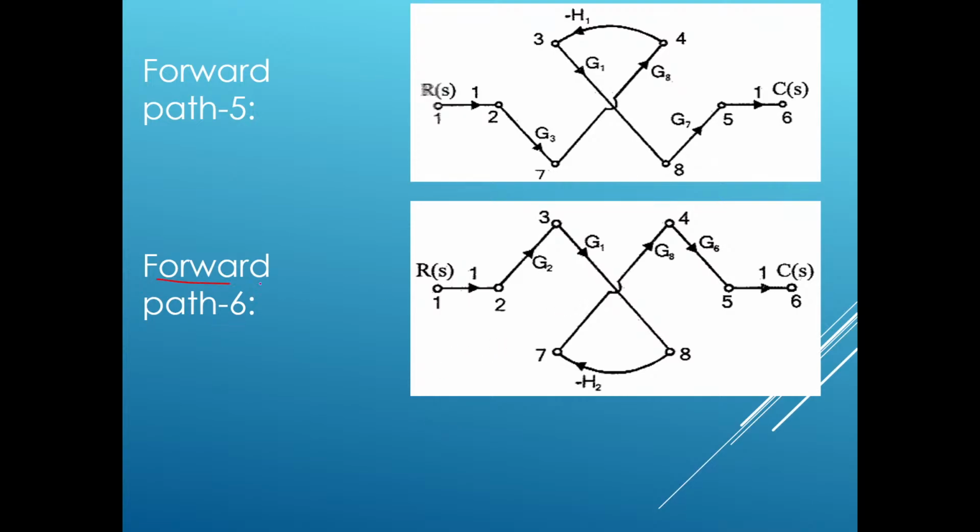So what about the forward path gain of path 6? Simply multiply the products.